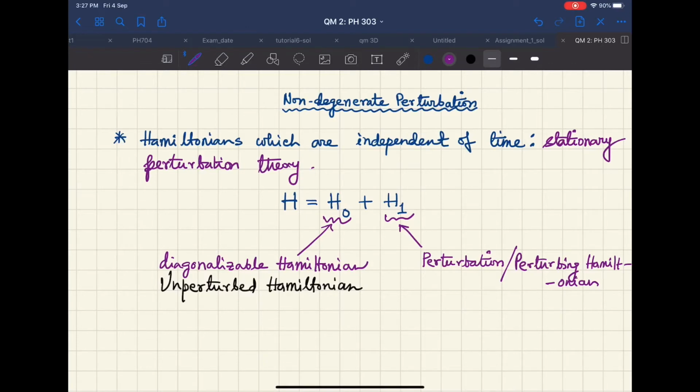So our Hamiltonian has two parts. The first part is known as the solvable Hamiltonian or unperturbed Hamiltonian, H0. The second part is a small correction to it.